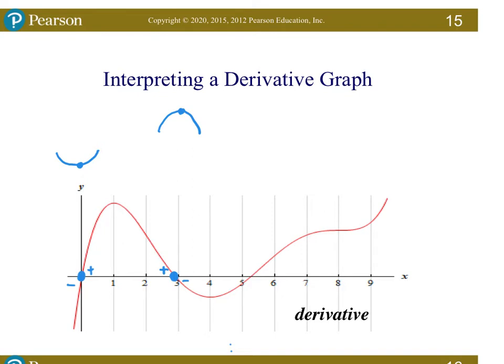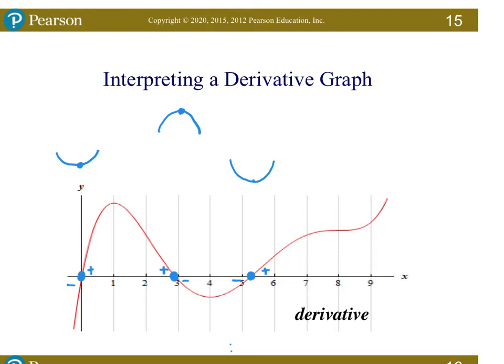The next most important point is right here, not quite 5.5. Changing from a minus to a plus, that's got positive slope. Positive slope means positive curve, so a positive curve to it with a minimum.